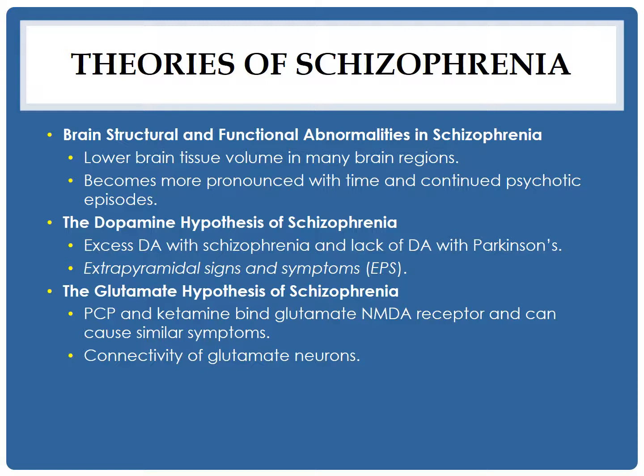And the binding sites for PCP and ketamine are on the glutamate NMDA receptor we've discussed before. And the ability of these drugs to produce schizophrenia-like symptoms depends on their interaction with the NMDA receptor. So it depends on their antagonizing glutamate function. And then in addition, many of the genes that contribute to schizophrenia are also involved with the connectivity of glutamate neurons.